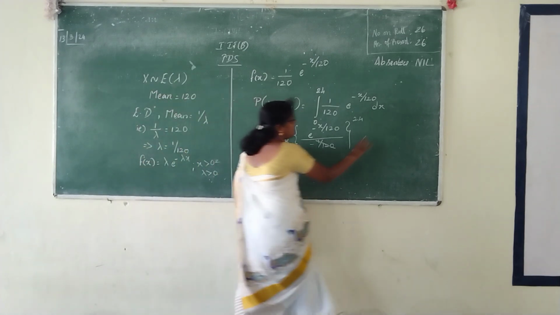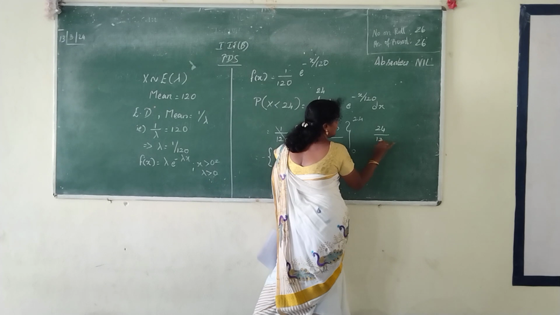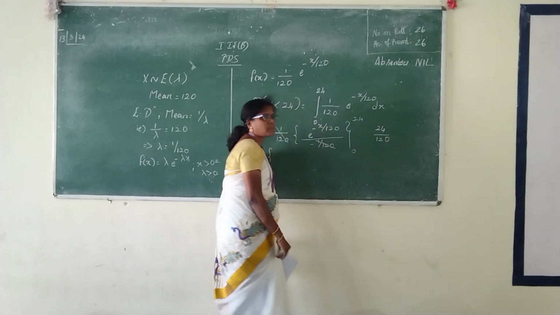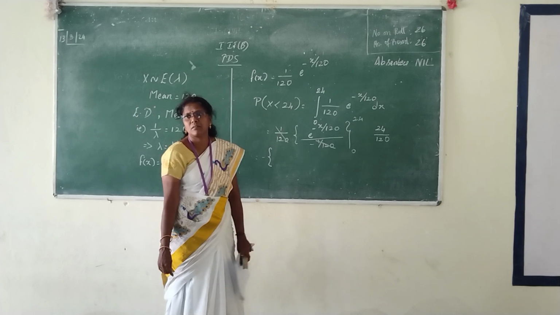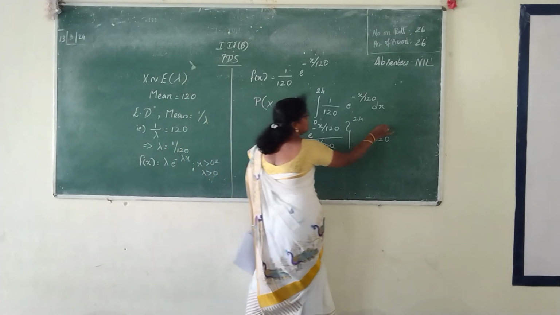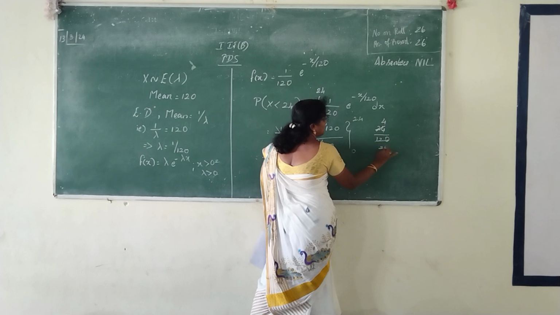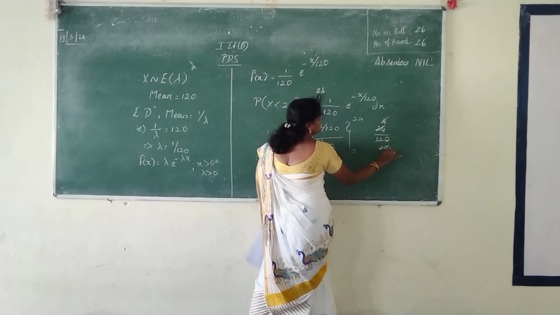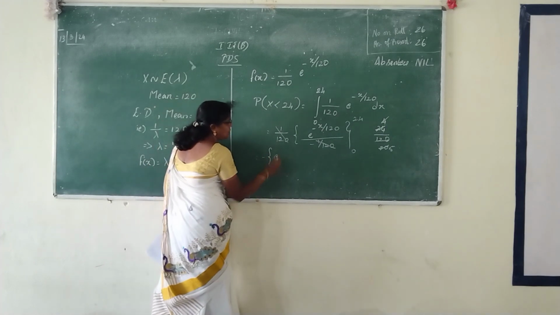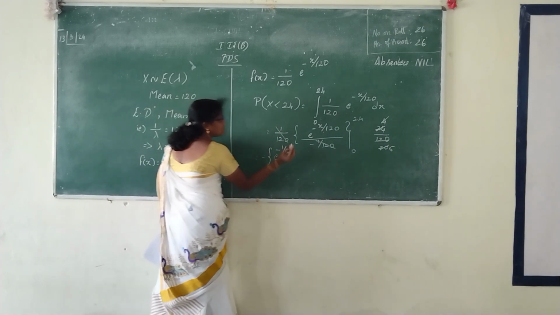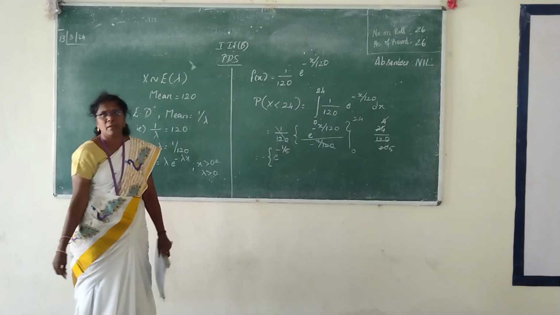So you are getting 24 by 120. What can we do? Can you cancel by 6 tables? How many times? 4 by 20. Can you cancel further? So what will we get? 1 by 5. So upper limit will be e power minus 1 by 5, substituting x equal to 24.